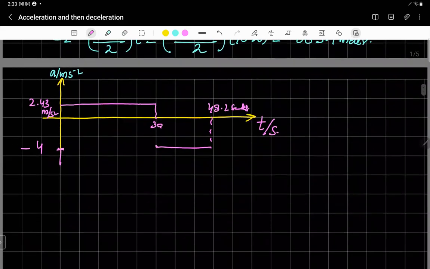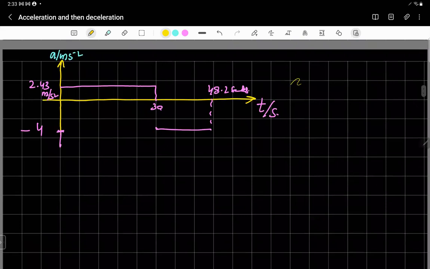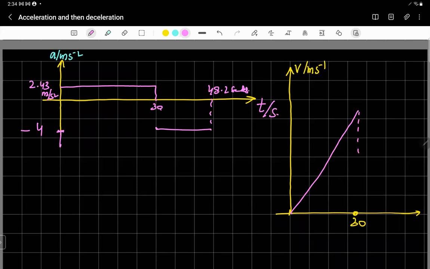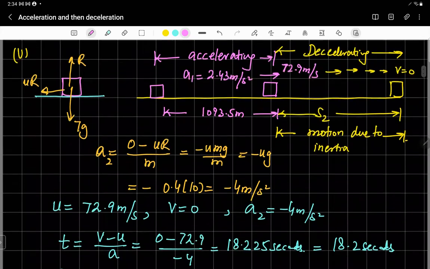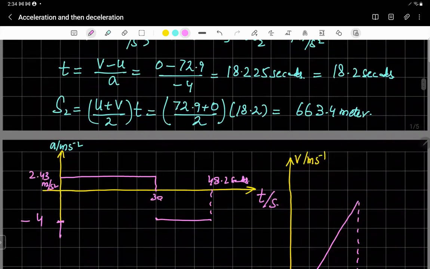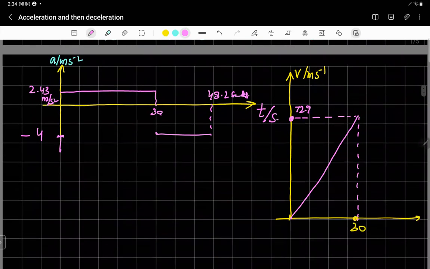And then we can draw the velocity time graph. The velocity reached was 72.9, and then it decelerated to rest.